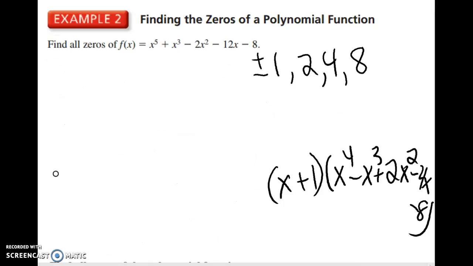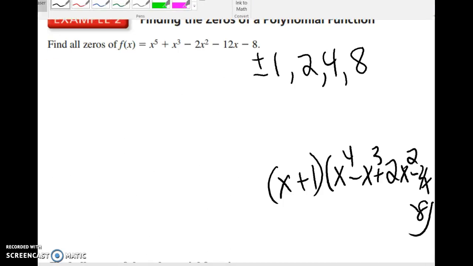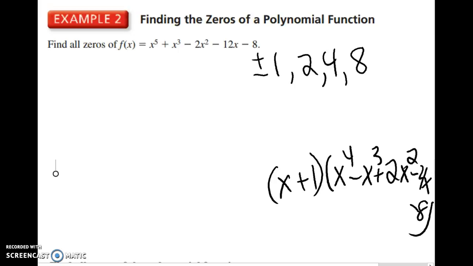Now we have to do synthetic division again. We'll use -1 on the x to the 4th polynomial.